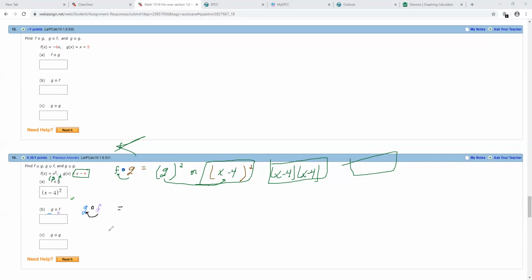G. So we look at G right here, and instead of x minus 4, what are we going to put right here instead of x? X squared. We're going to put F, x squared. You are correct.